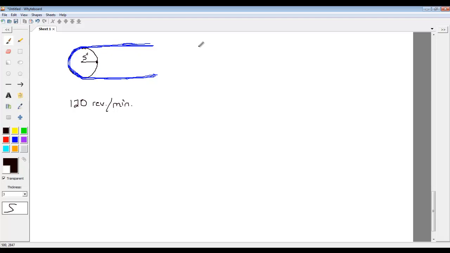We have to find the angular speed, and we're going to find it in radians per second. We also have to find the angular speed for the pulley, the circle, the wheel. And then for the belt, we have to figure out its linear speed in centimeters per second.